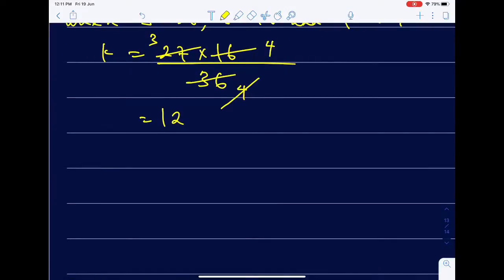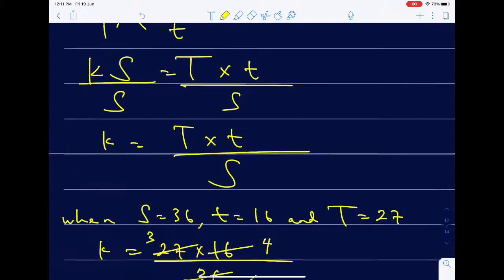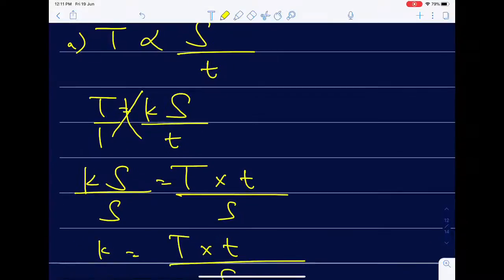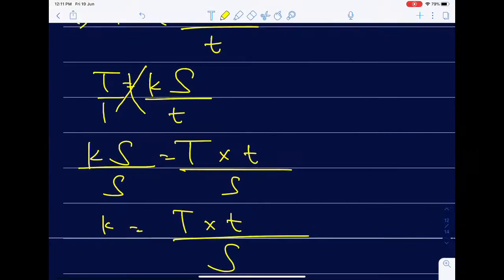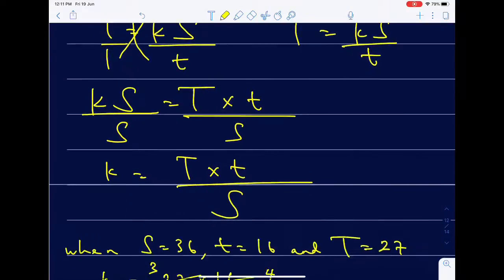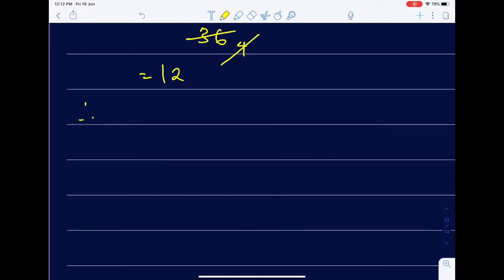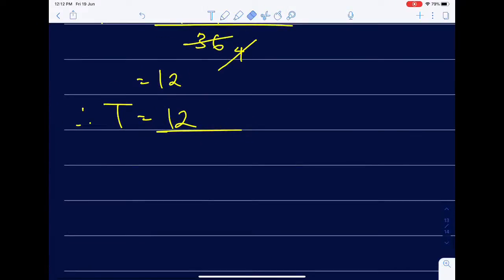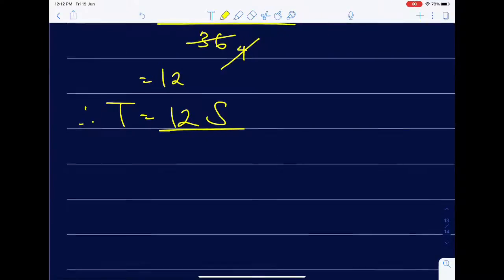So, therefore, they said we should find the formula connecting big T, big S, and small t. And of course, that formula is T equals KS over t. Now that we have found the value of K, we just write T equals K, which is 12, times big S. Be careful not to make your big S look like a 5, so that you don't take that for 125. Big S over small t.